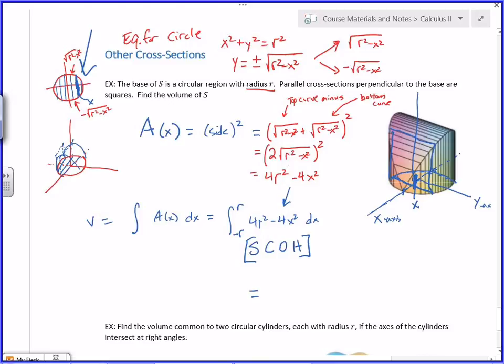The final answer I get when I do that is actually 16r cubed over 3. Okay? Beautiful. All right. That's really all I have time for.